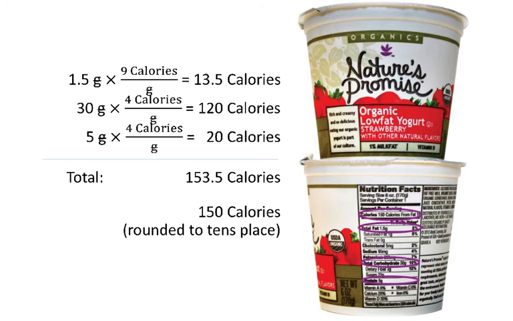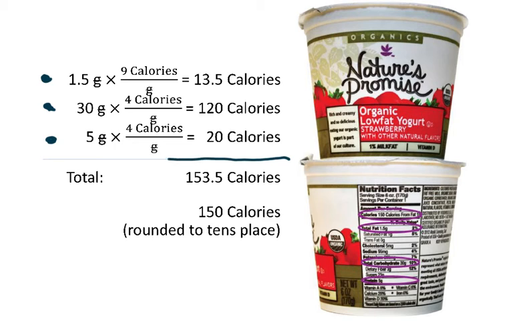So if we look at the fat content, we have 1.5 grams, and we have 9 calories per gram, which would be 13.5 calories. 30 grams of carbohydrates at 4 calories per gram is 120 calories from carbs, and 5 grams of protein at 4 calories per gram is 20 calories accounted for.